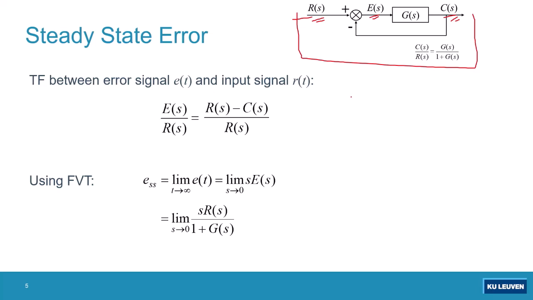How do we calculate the steady state value of E? The steady state of the error can be evaluated using the final value theorem, where the steady state value of the error will be equal to limit s to 0 of s times E(s).